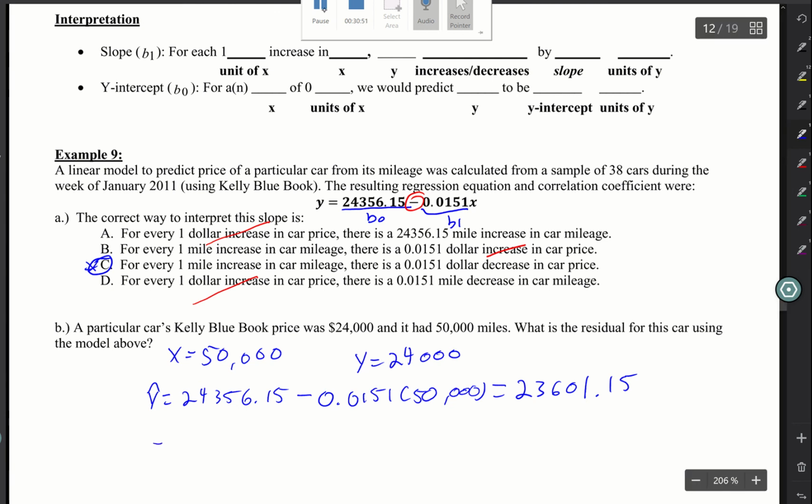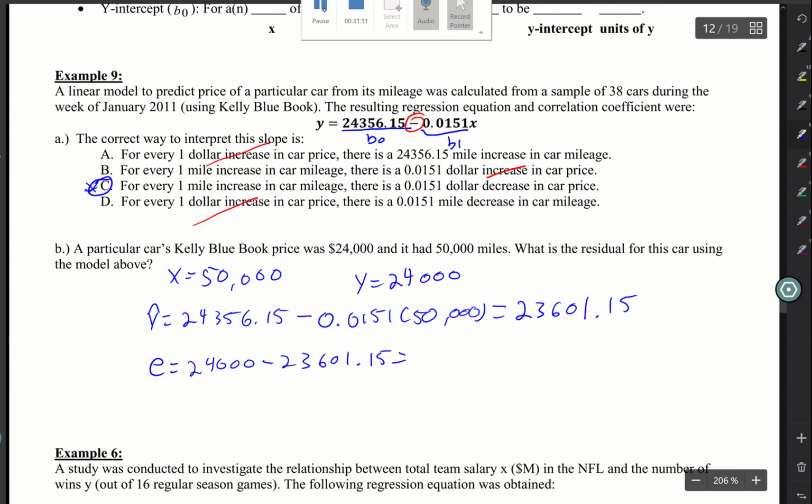Probably did some rounding. So if I want to find the residual, what should I subtract from what? So which one goes first? 24,000 minus the 23,601.15. And what does that give me? 398.85.